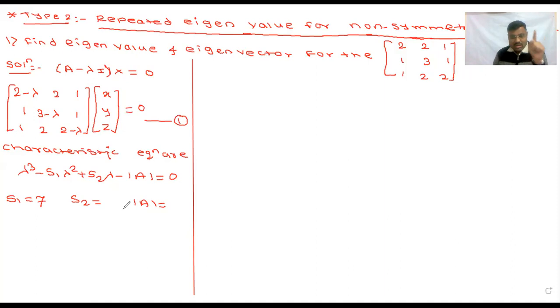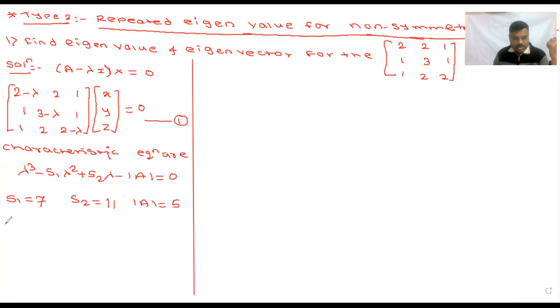If your S1 and S2 are wrong, then everything will go wrong, keep that in mind. S2 is equal to 11, not 4. S2 is equal to 11, and the determinant of A, just calculate it using a calculator. That's the easiest one. Okay, our determinant is 5.